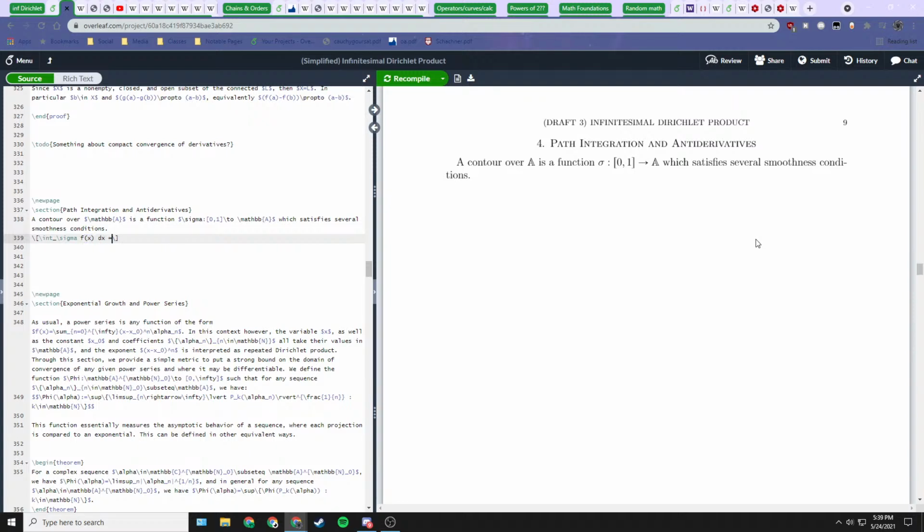We'll have this integral from 0 to 1 of f of sigma of t, and then sigma prime of t.